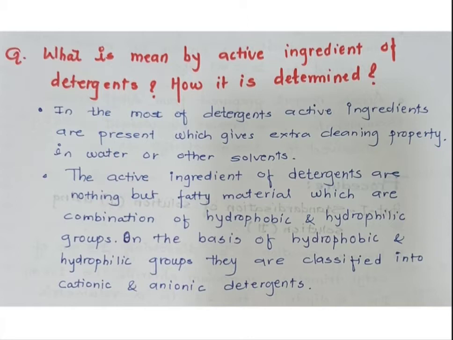The active ingredients of detergents are nothing but fatty material which are a combination of hydrophobic and hydrophilic groups. As we know, hydrophilic means water loving group which dissolves in water, and hydrophobic means water hating group. On the basis of hydrophobic and hydrophilic groups, they are classified into cationic and anionic detergents.